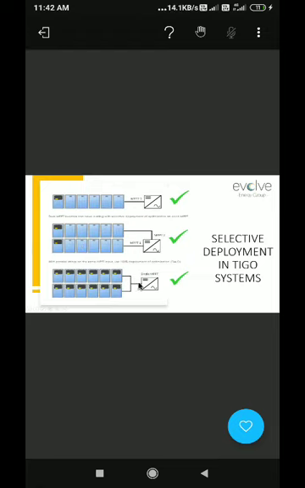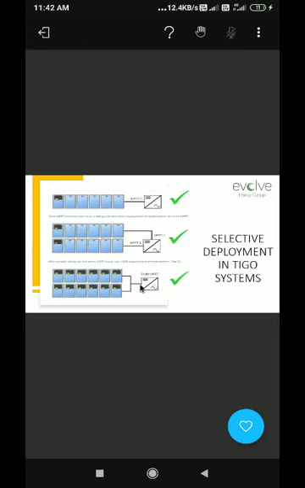Coming to the third thing, if you have a single MPPT inverter with 2 strings, and only one panel is falling under shadow or 4 panels are falling under shadow, you need to deploy the optimizers for all the panels connected to that MPPT. Why? Because we already discussed that Tigo works with the impedance matching technique.